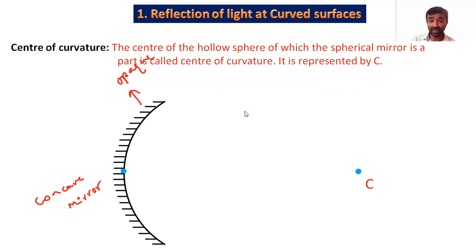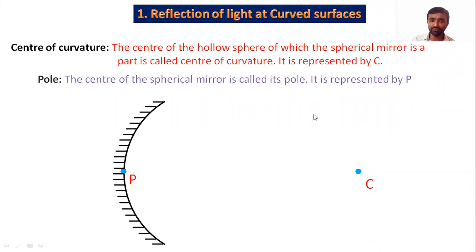Then geometrically, I'm going to identify a midpoint on the surface of the mirror. You can see one more blue spot here. This point we call the pole, represented by the letter P. So how do we define the pole? The pole is a point we identified on the curvature, exactly the midpoint.